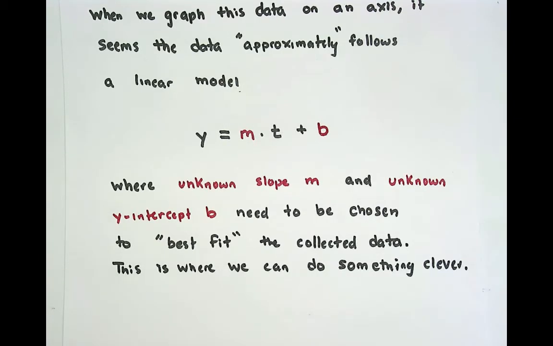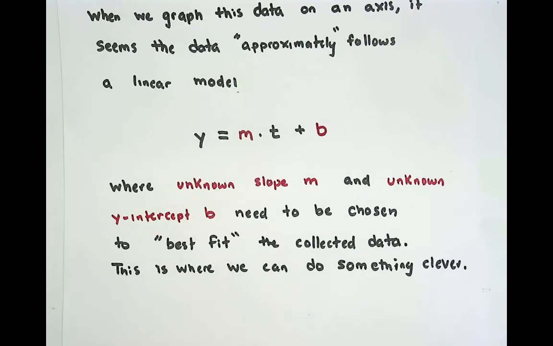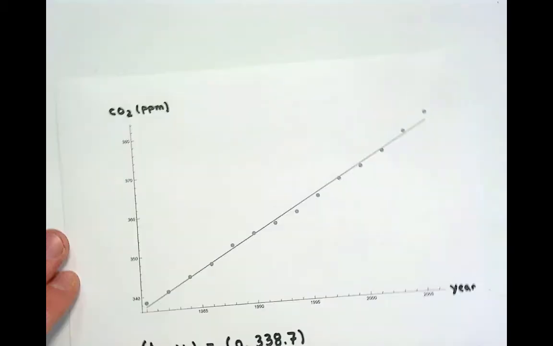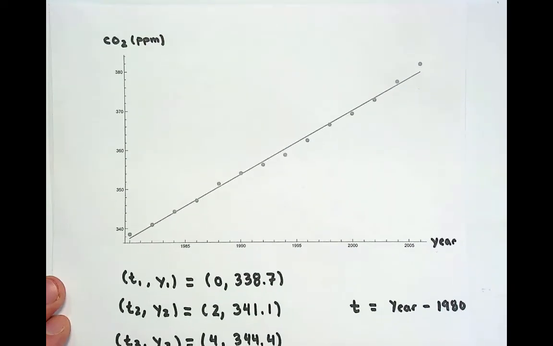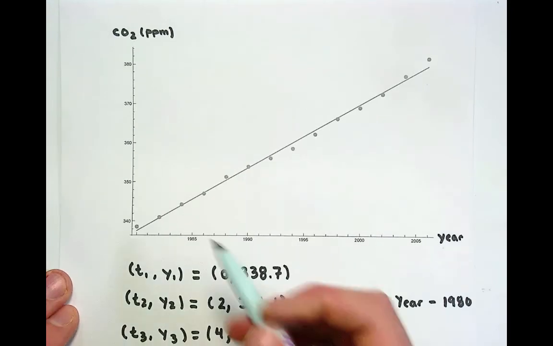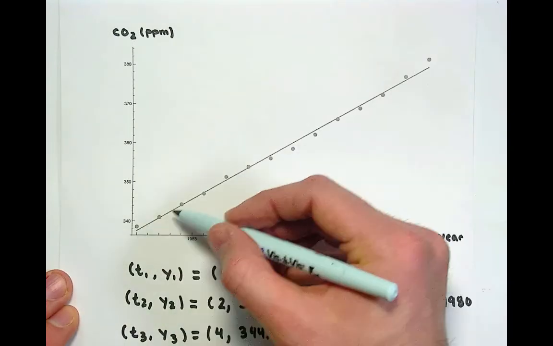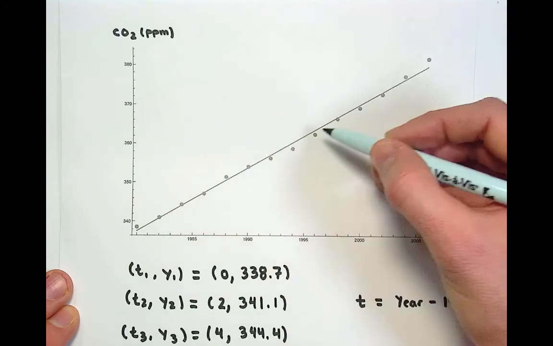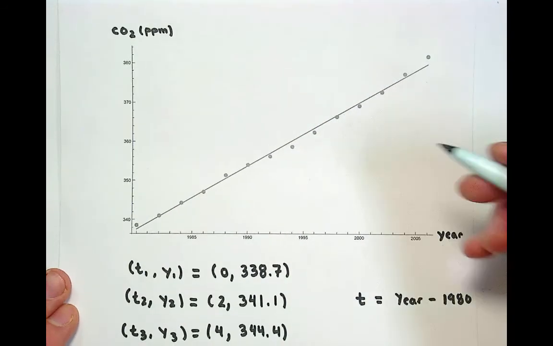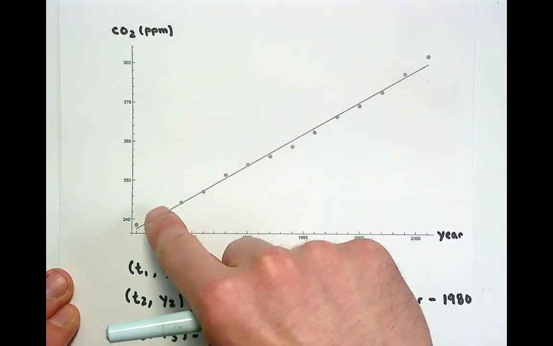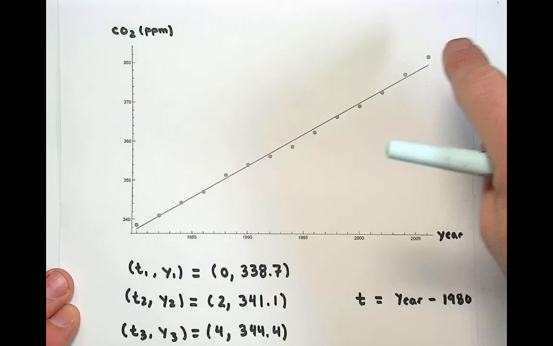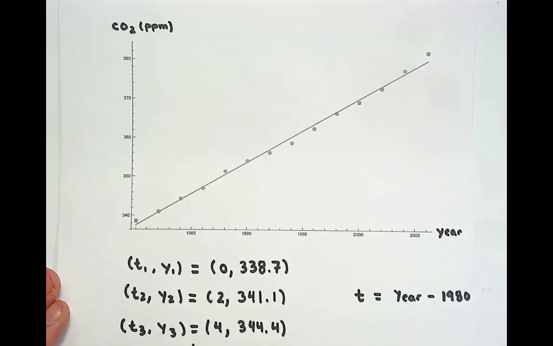Okay, so the whole idea is, let's go back and look at this data. We've studied the world around us. We collected data, which is often quite expensive. We have 14 data points that fall not exactly on a line. They're not collinear. But the trend in the data seems to be linear growth over time.